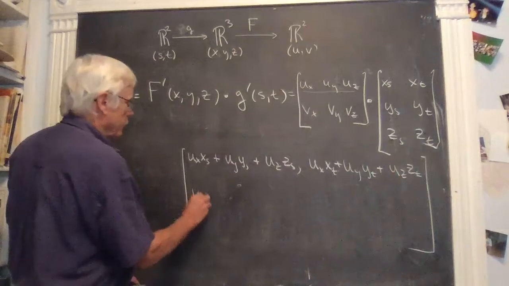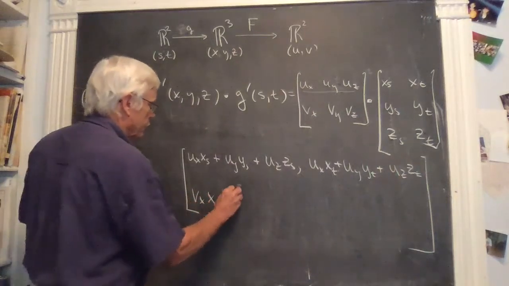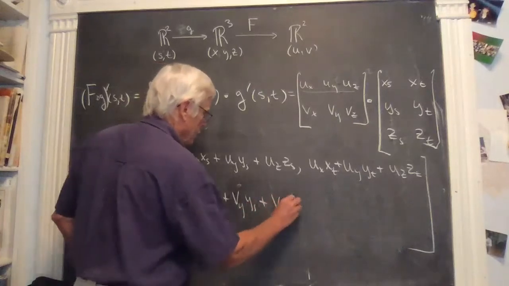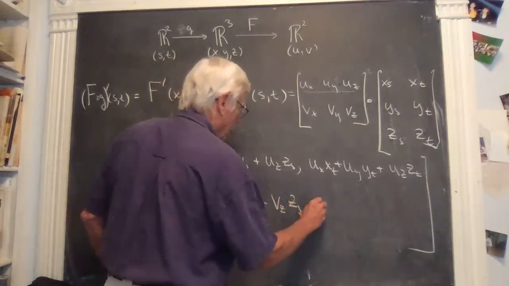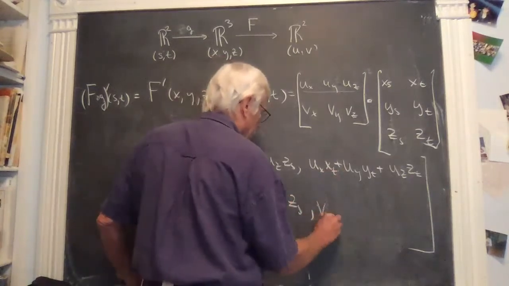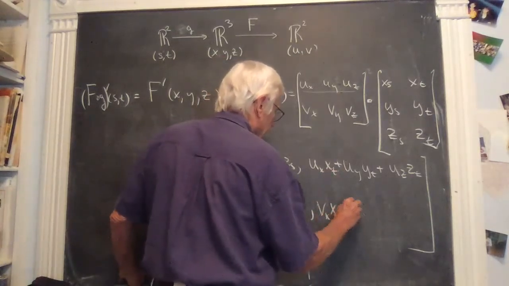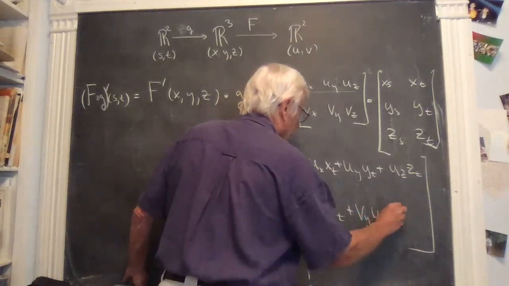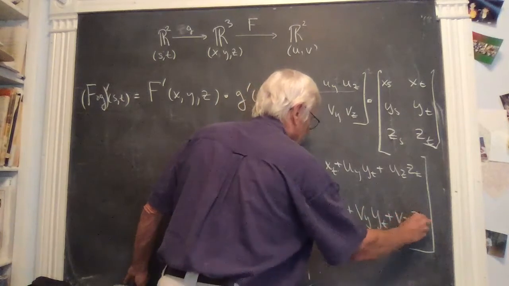And down here, v sub x, x sub s, plus v sub y, y sub s, plus v sub z, z sub s, comma. Same thing, but with t. So v sub x, x sub t, plus v sub y, y sub t, plus v sub z, z sub t.